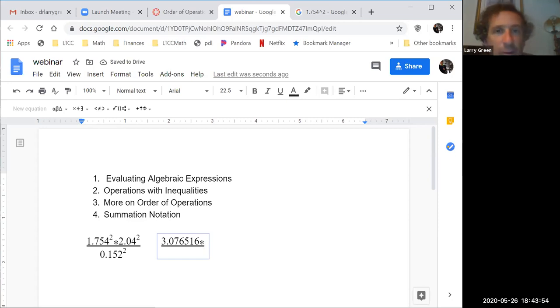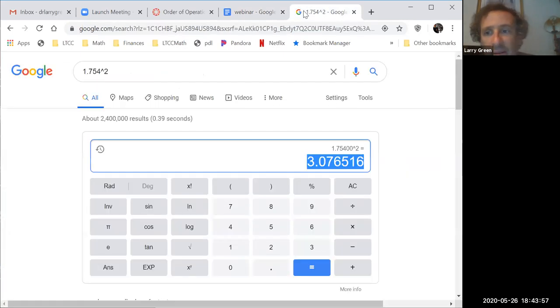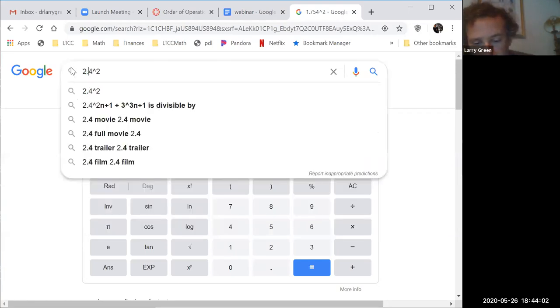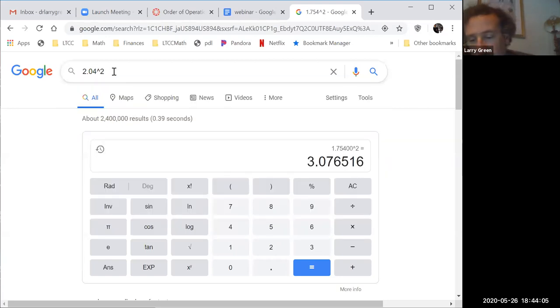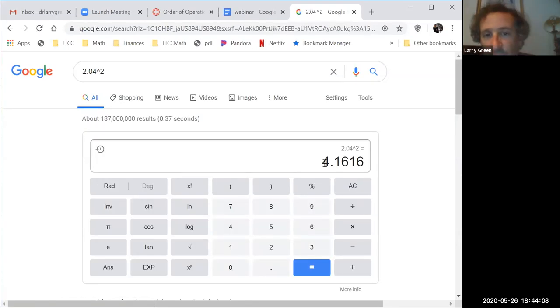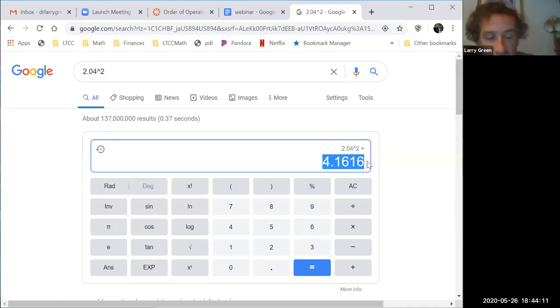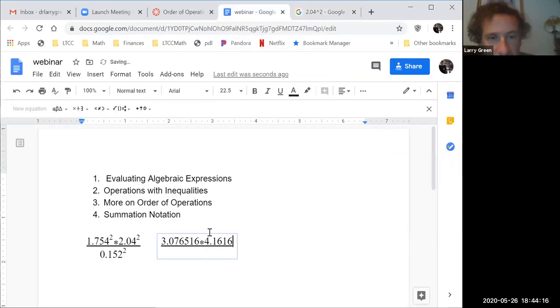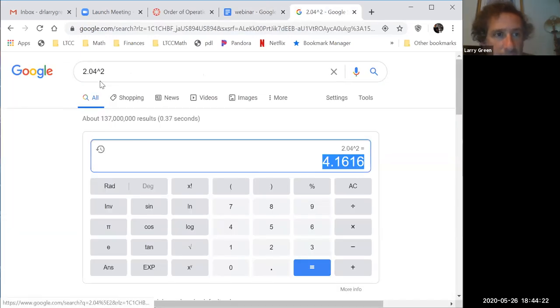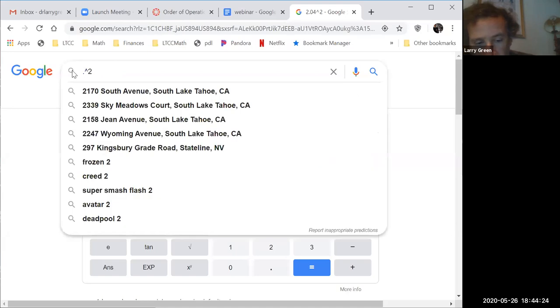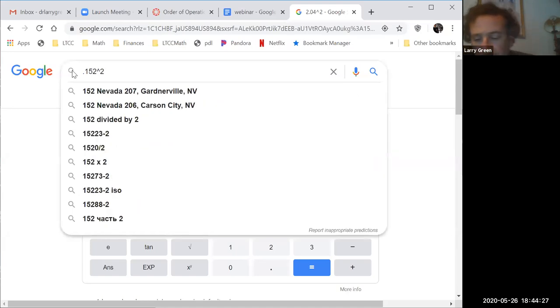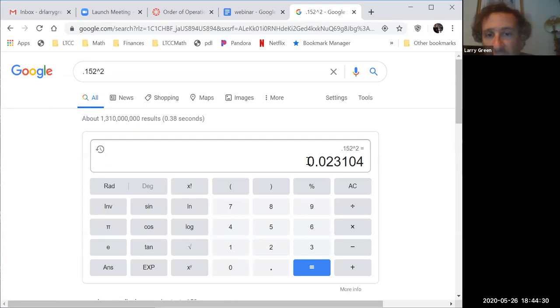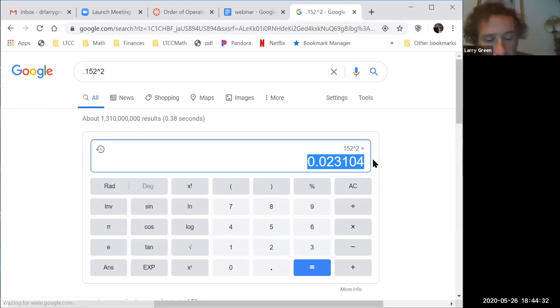Okay, then 2.04 squared, and you get 4.1616, kind of a pretty number. Divided by 0.152 squared. And we get 0.023104.